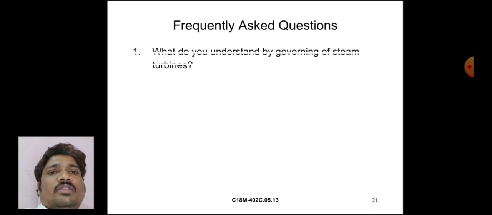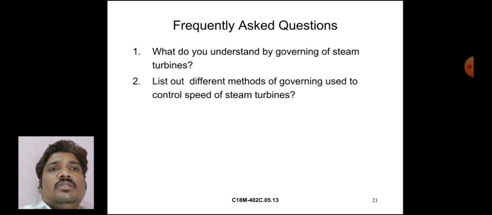Now, frequently asked questions on this topic. What do you understand by governing of steam turbines?